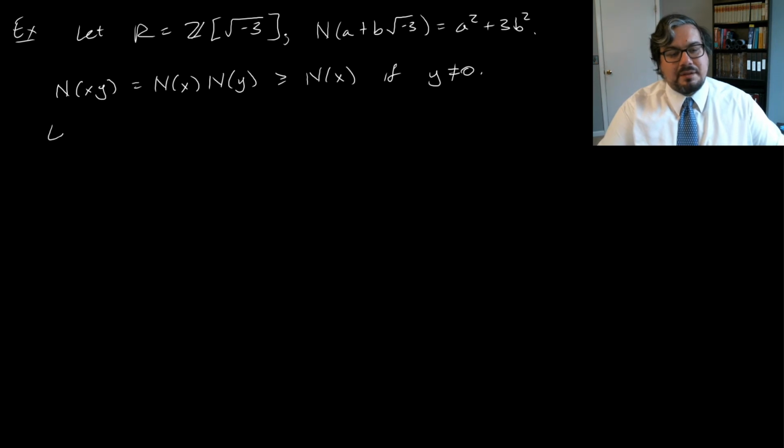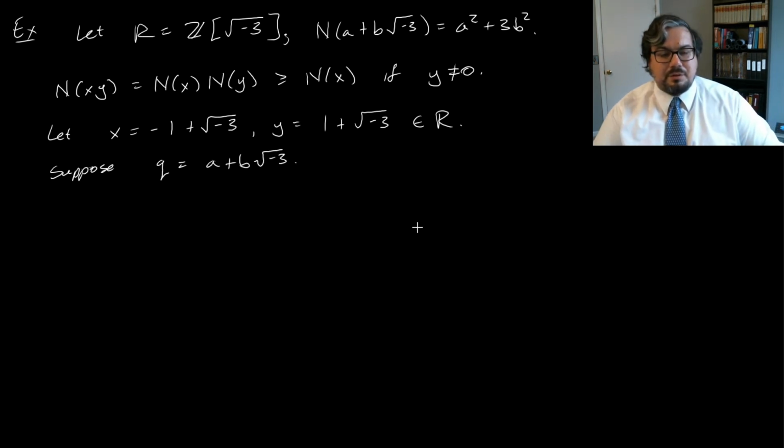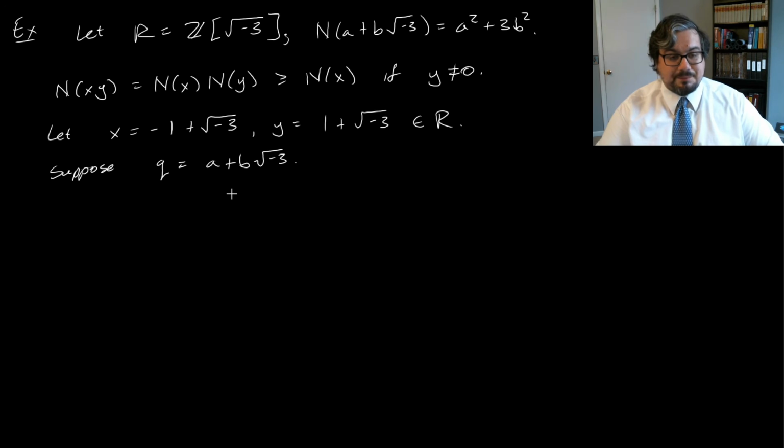Let's see why. Let's let x be the element negative 1 plus the square root of negative 3, and y be the element 1 plus the square root of negative 3 in the ring R. And let's suppose that we have some element q in the ring which has the form a plus b times the square root of negative 3.